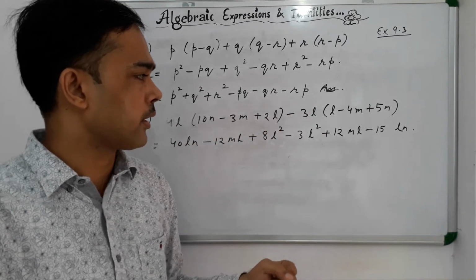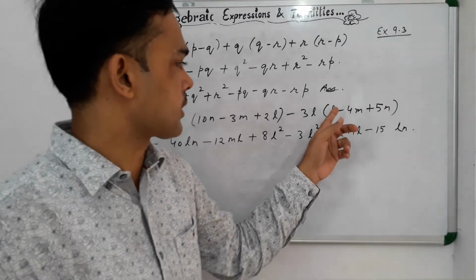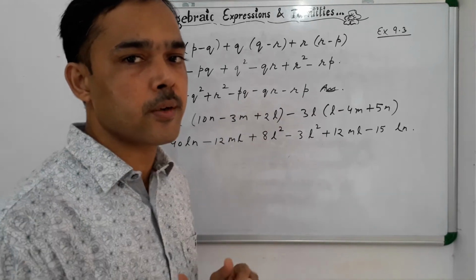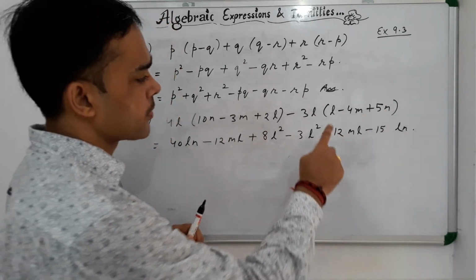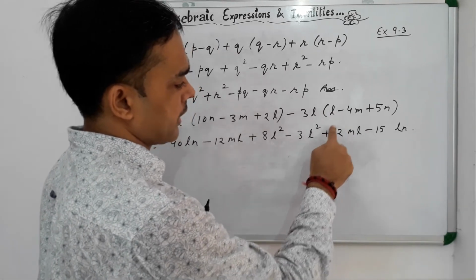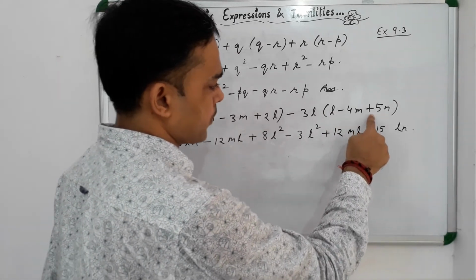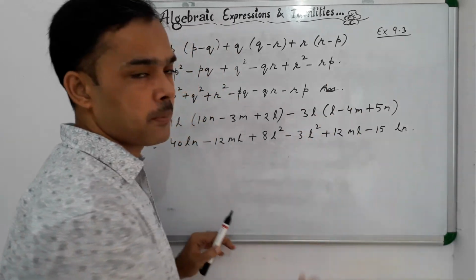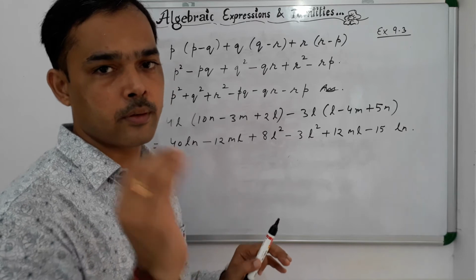Now let's see over here, the mistake that students commit is this: they don't change the sign. Whereas if you observe carefully, this was positive, so became negative. This was negative, so became positive. This was positive, so became negative, when it is getting multiplied by a negative term.